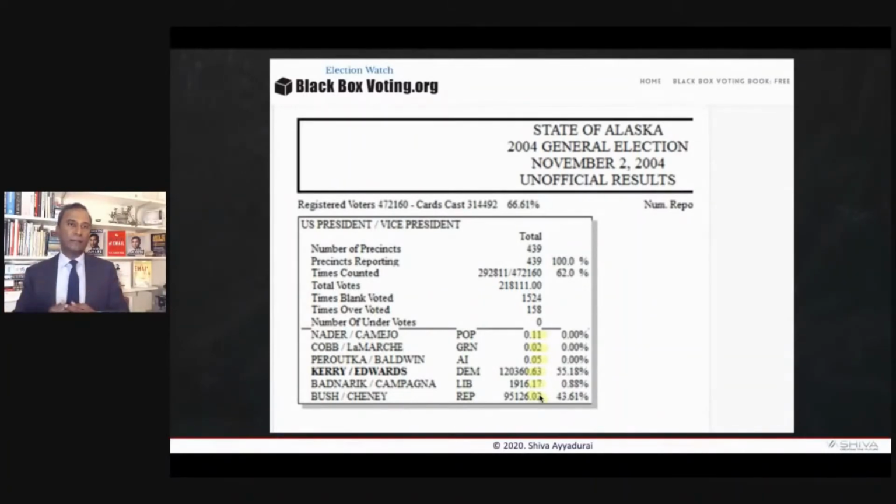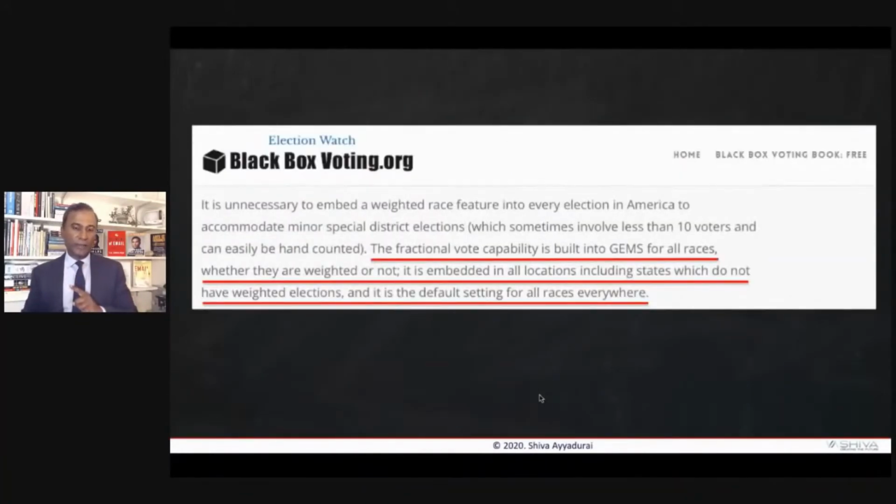Why are the votes not stored as integers? Because the weighted race option is always turned on. Look at this. It is unnecessary, this is Benny's conclusion, to embed a weighted race feature into every election system in America, Benny and Bev, to accommodate minor special district elections. The fractional vote capabilities are built into GEMS for all races, whether they're weighted or not.